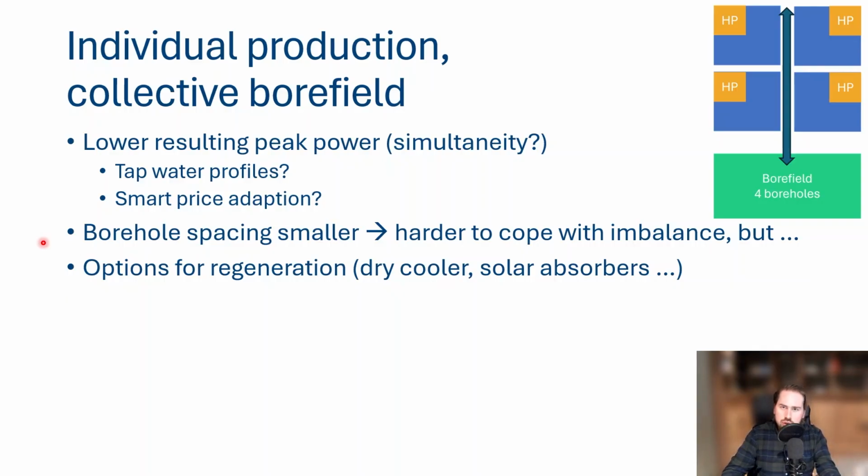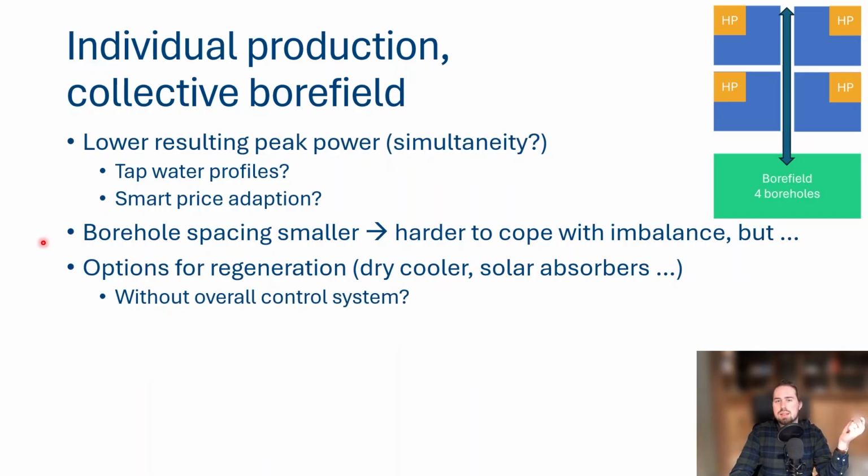So if we have a central bore field, we can work with dry coolers, solar absorbers, etc. Now, the nuance I want to make with this is that it's not trivial to do so, because we do not have a central control system. So typically in this type of geothermal system, we have a bore field, which is a passive component, and the different controls for heating and cooling are in the individual apartments or houses.